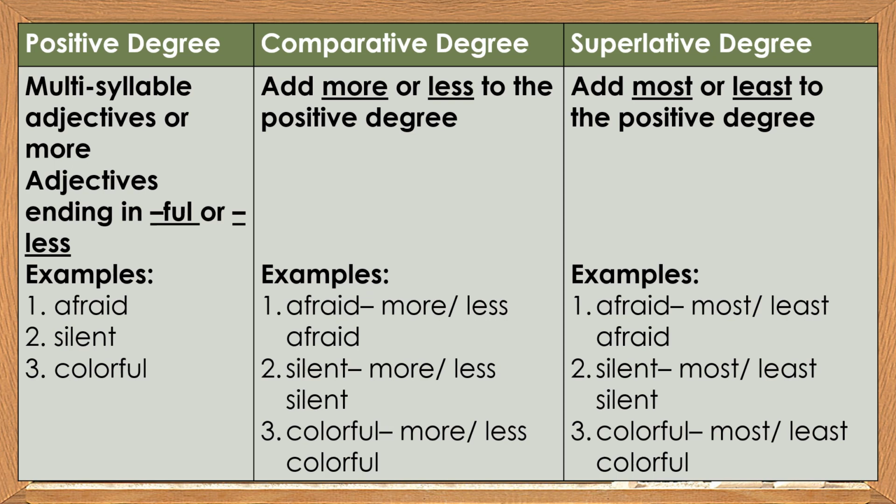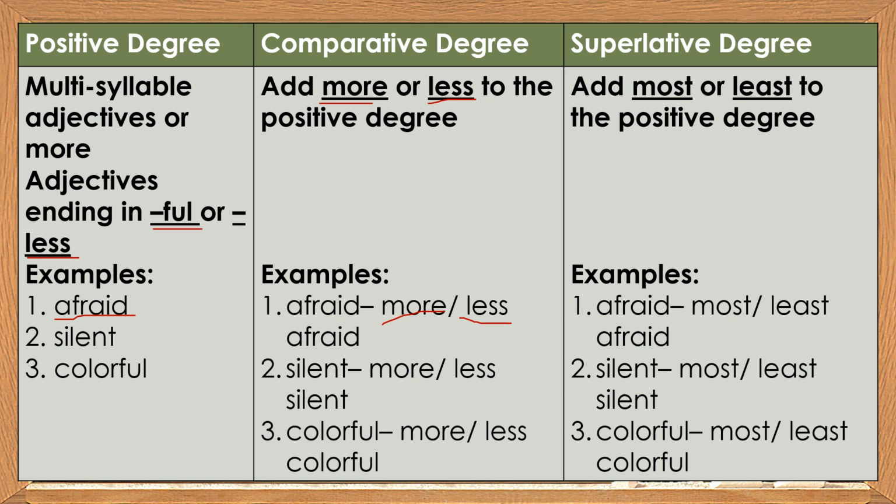For multi-syllable adjectives, or adjectives ending in full or less, say for example, from the word afraid, under the comparative degree, we're going to add the word more or less to the positive degree. So from our example, afraid, we're going to say more afraid or less afraid under the comparative degree.